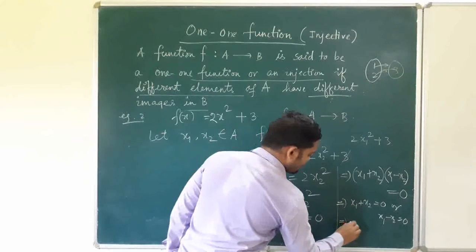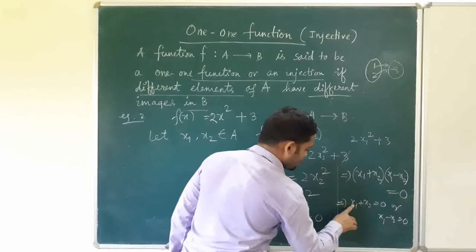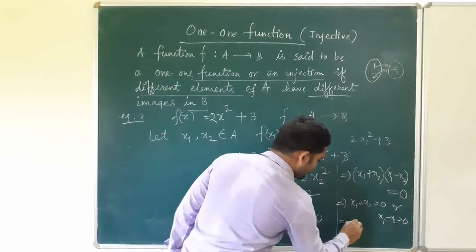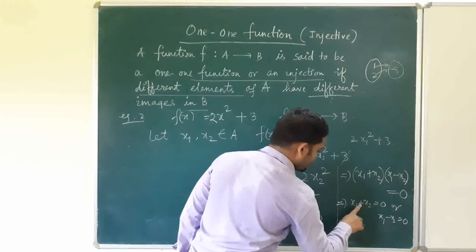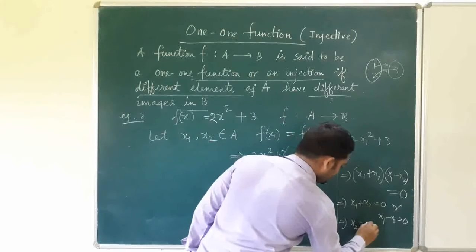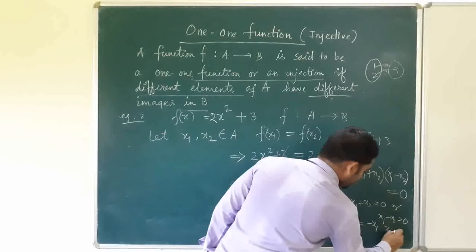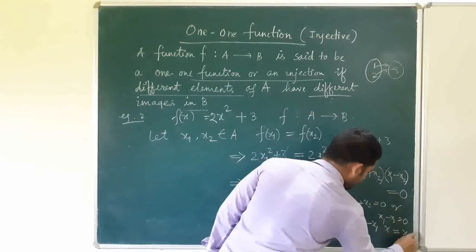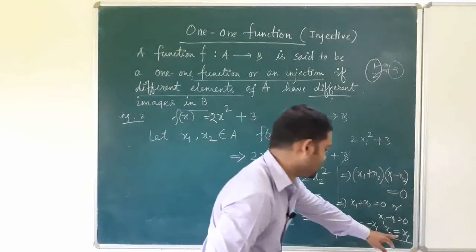So here you get x2 is equal to minus x1, and here you get x2 is equal to x1.